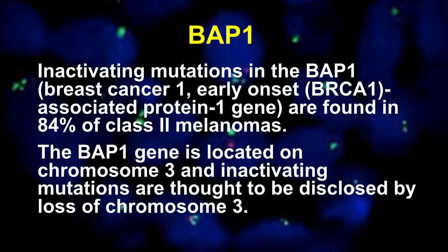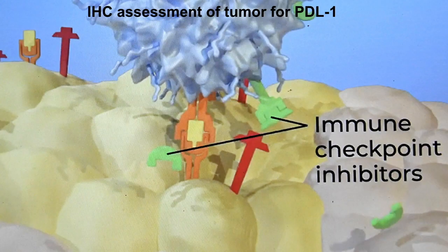Inactivating mutations in the BAP1 gene, which predispose to metastasis, are found in 84% of class 2 melanomas. An immunostain is available to detect this mutation. Finally, immunohistochemistry is also used to detect expression of programmed death ligands such as PD-L1 and PD-L2 in ocular tumors and determine if they may respond to therapy with immune checkpoint inhibitors.